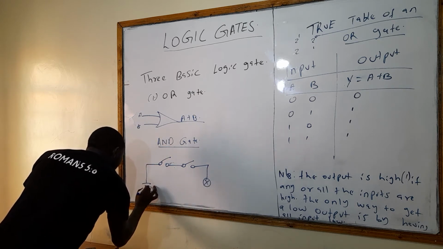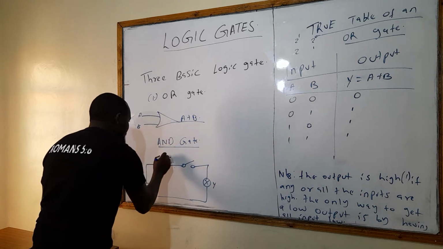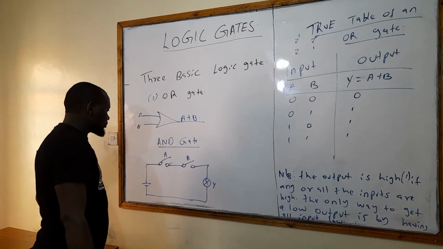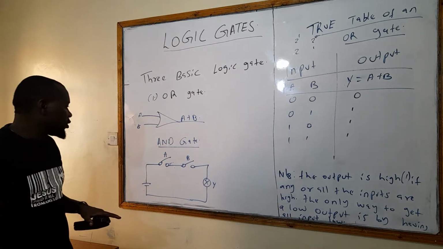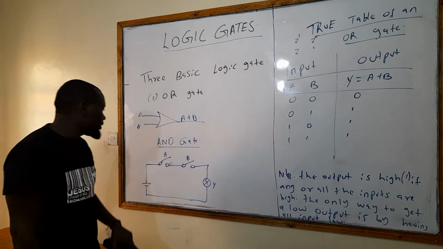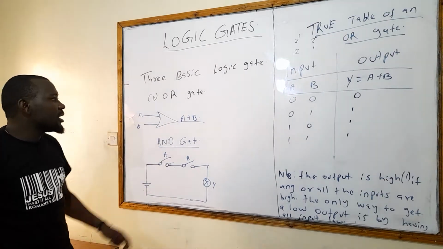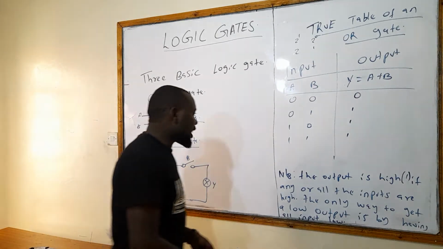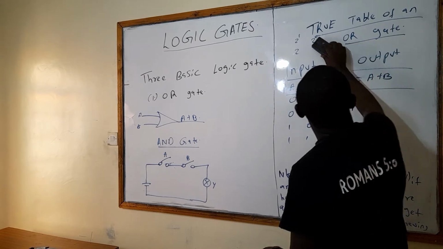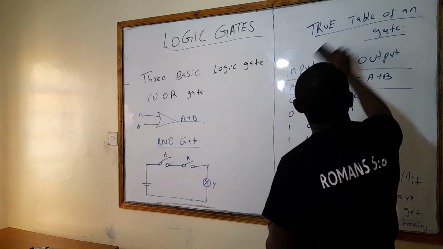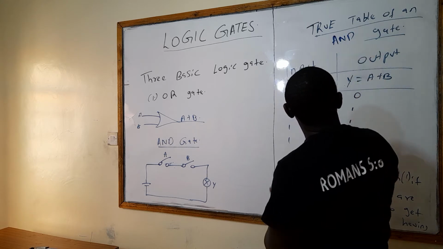Let's say we put an EMF here, the voltage. This one is Y, this one is A, and this one is B. Now, in an AND gate, we will only have light when both A and B are high. So let's try and draw an AND gate truth table.